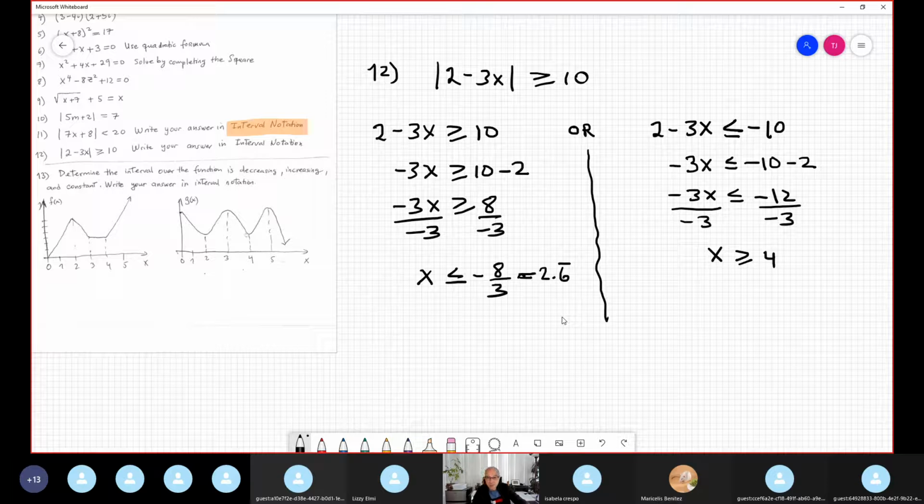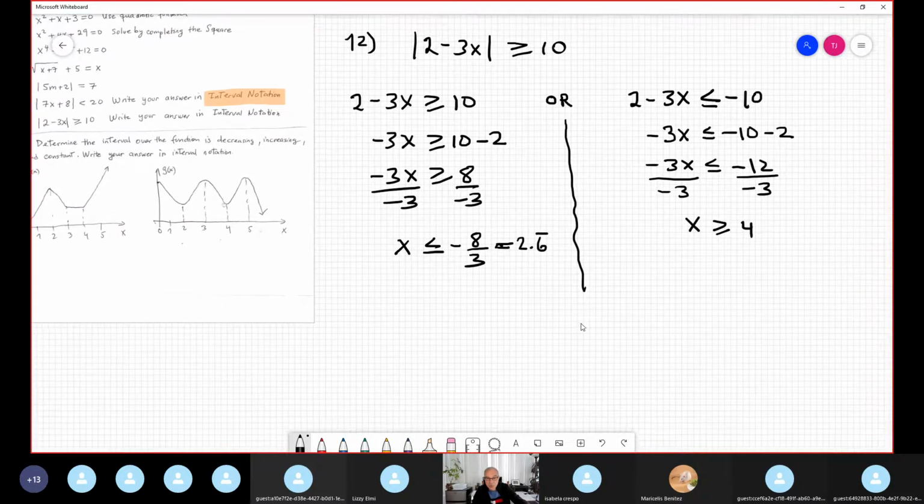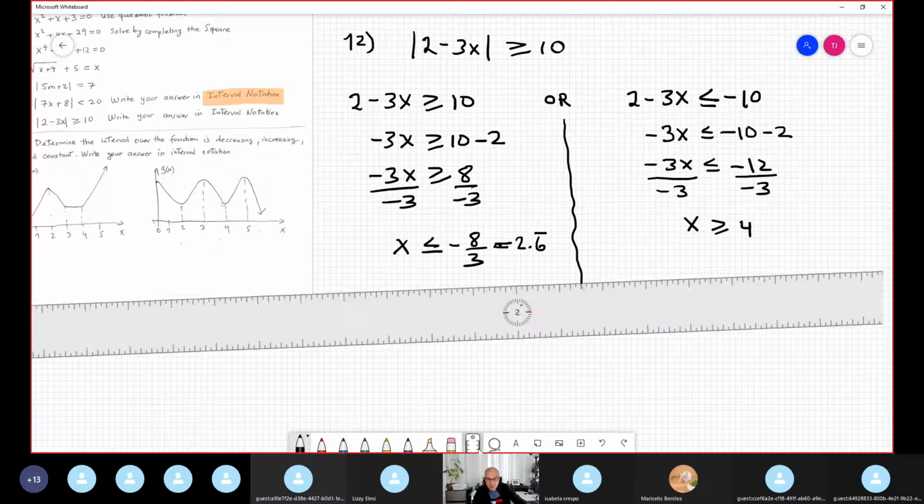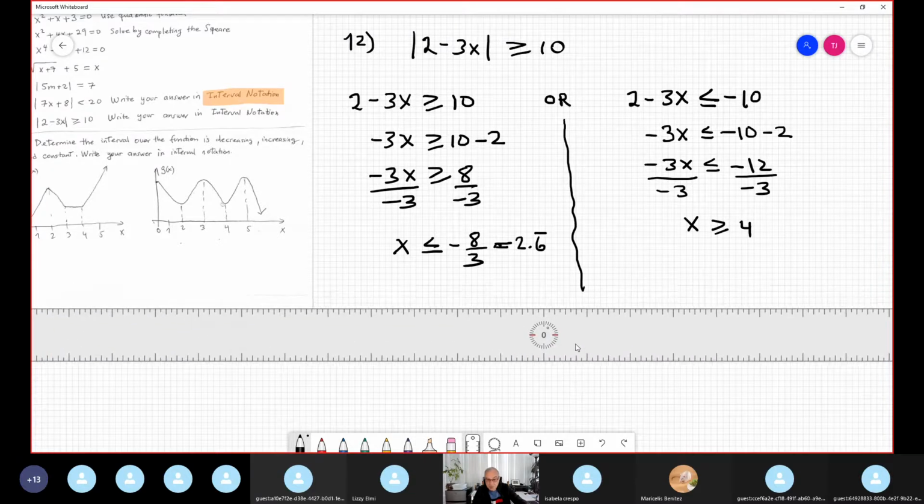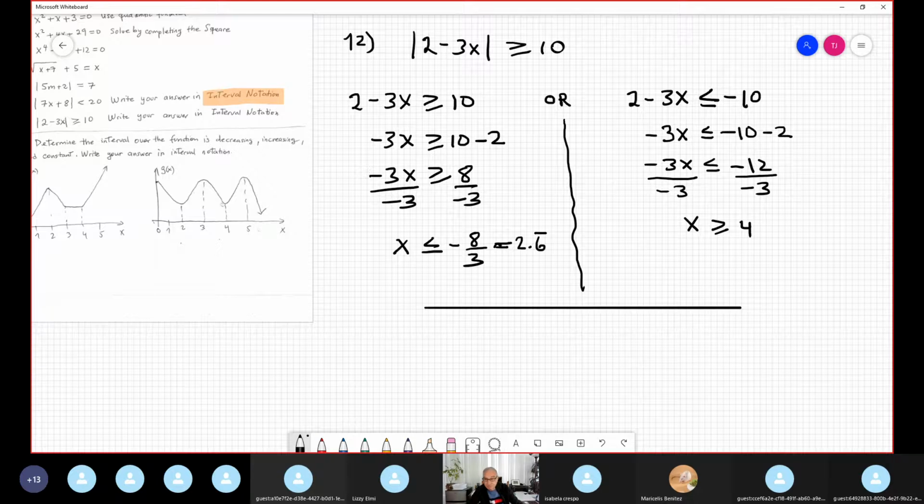Ready. Now what is the solution? I highly recommend doing the graphic representation. The graphic representation helps me understand the interval notation a little bit. Positive infinity, negative infinity.